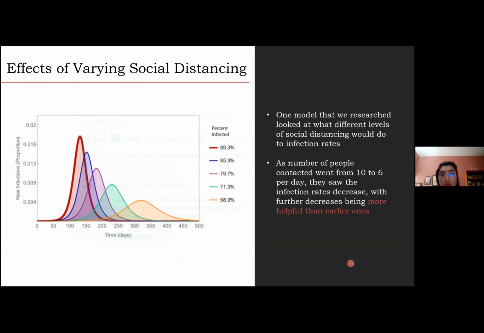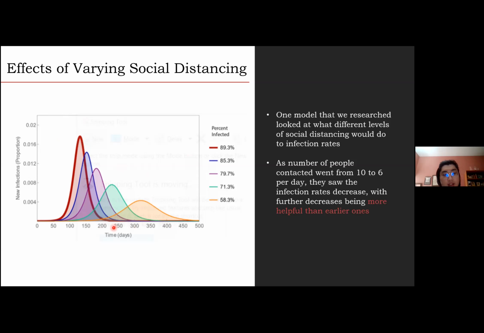So this model looks at around 5 different levels of social distancing. So the red peak refers to 10 people contacted per day, and lowest, the orange peak, refers to 6 people contacted per day. And as you might expect and hope, considering that this is their main strategy, as the number of people contacted per day went down from 10 to 6, we saw the infection rates decrease.